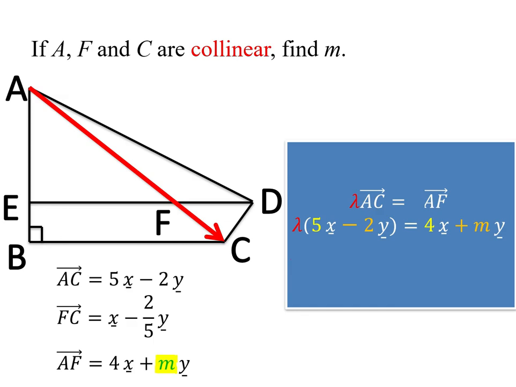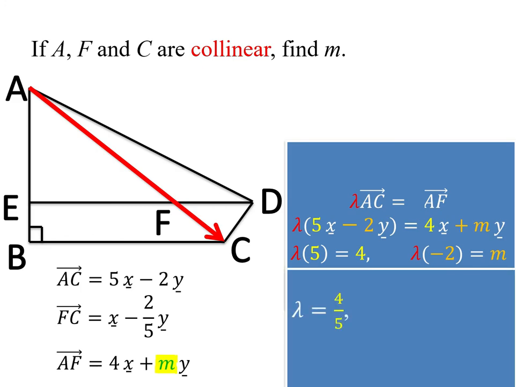And we know that the value of lambda will be the same if they are parallel, correct? So we compare the coefficient of x. So 5 lambda equals 4. Now we compare the coefficient of y. Negative 2 times lambda equals m. So let us see. Lambda is 4 over 5, right? So with that, we substitute the 4 over 5 into the lambda at the other side. 4 over 5 times negative 2, I will get my m, which is negative 8 over 5.